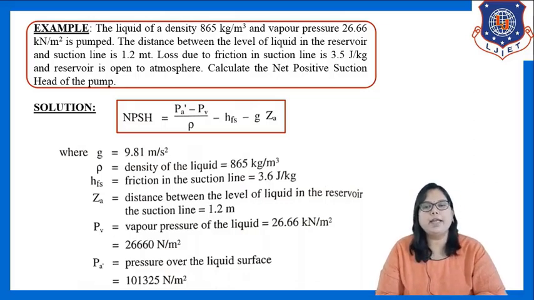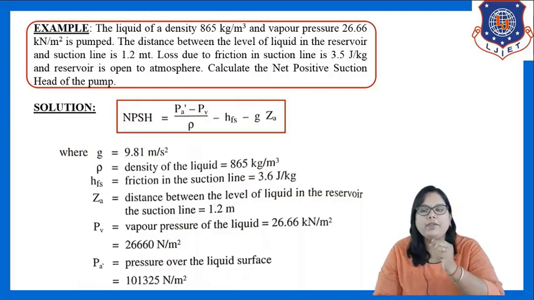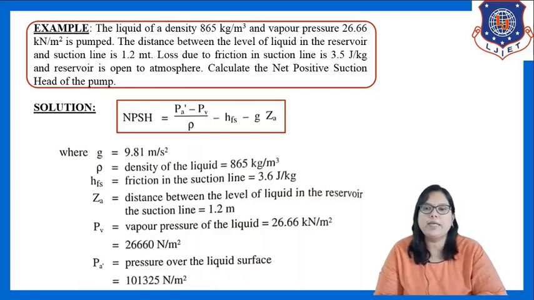Open to atmosphere means atmospheric pressure. So the PA value, which is the pressure over the liquid surface, is atmospheric pressure. Generally atmospheric pressure is 101.325 kilopascal, which is equal to 101325 Newton per meter square.